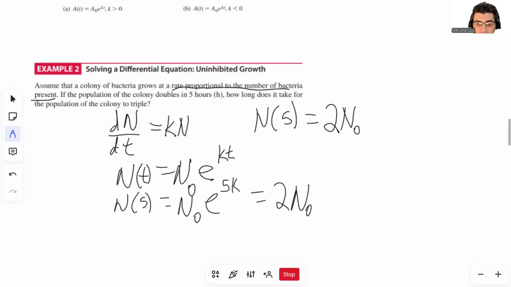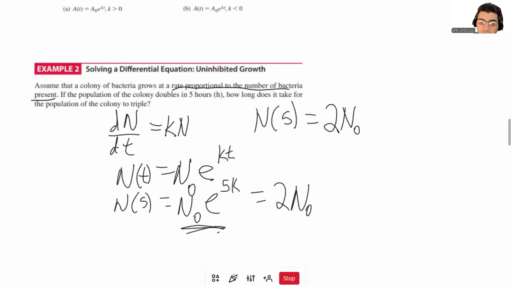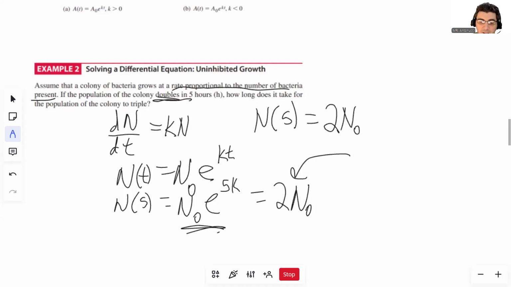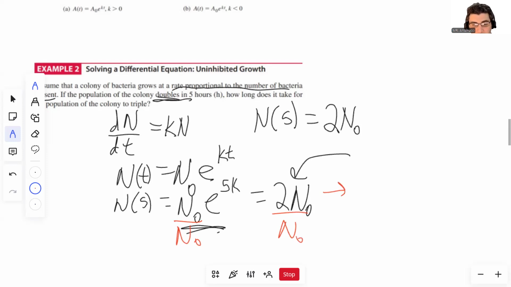All right, so right here is where I plugged the 5 in for t, but I know also that it's going to double every 5 hours. So whatever the initial amount is, it's going to equal twice that initial amount. So I could divide both sides by the initial amount, and we would have e to the 5k equals 2.